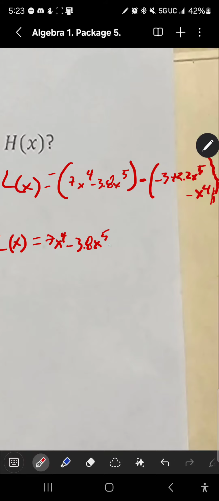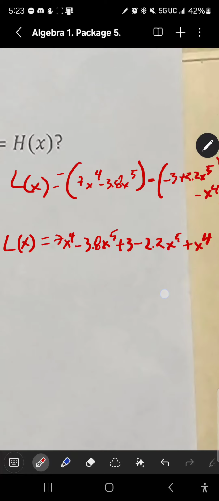So -3 will be +3, plus 2.2x to the 5 will be minus 2.2x to the 5, then minus x to the 4 will be plus x to the 4, because we have a negative sign here. If the sign was positive, we would keep the signs of the other half as well.